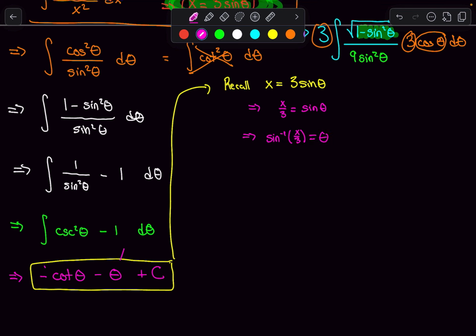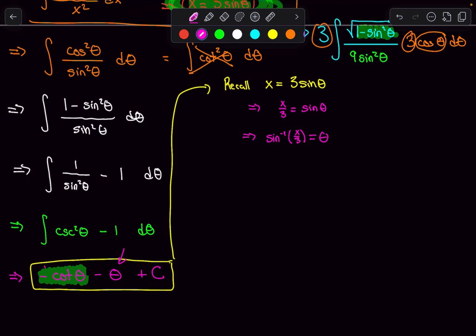So that could replace that particular value for theta right there. But the trickier part is, what do I do with this cotangent theta, right? How do I get that in terms of x?